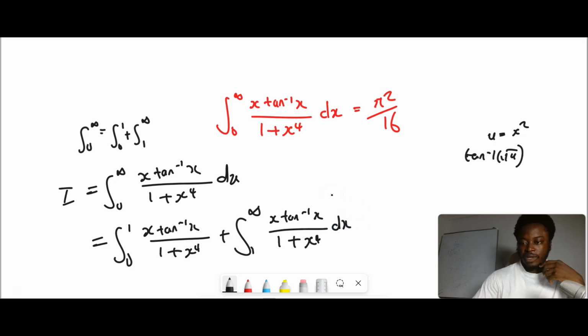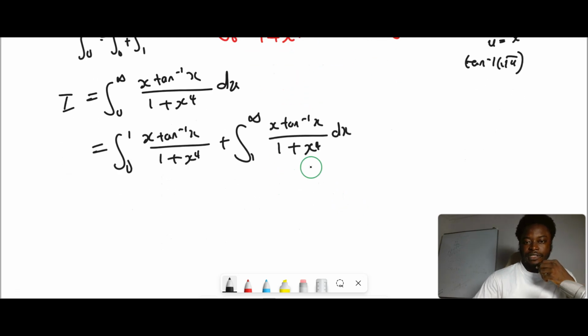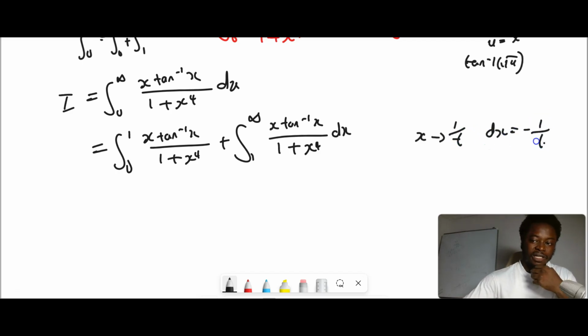So next up, for this second integral, we're going to take x to be 1 over t, which means that dx would be negative 1 over t squared dt.